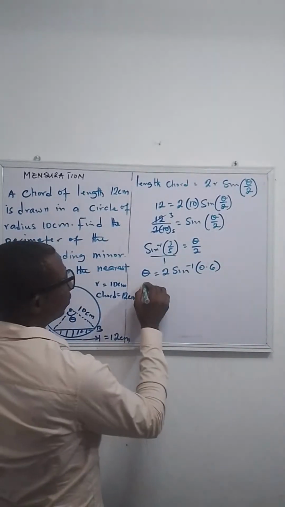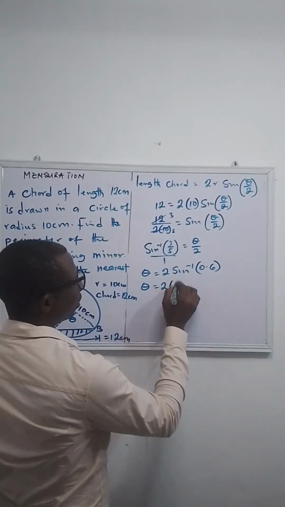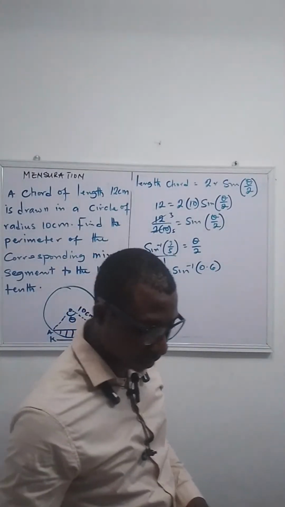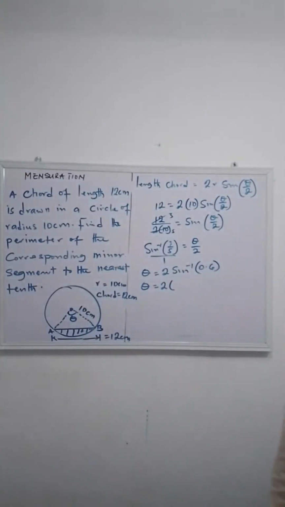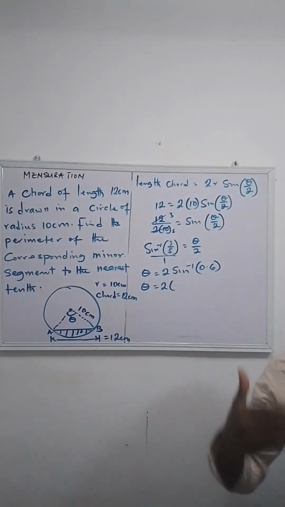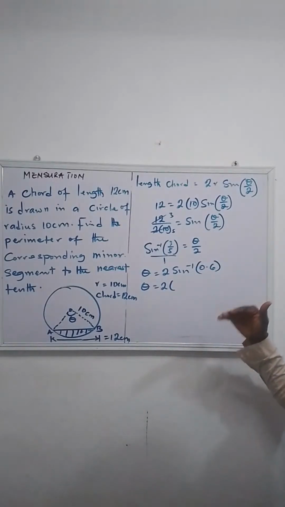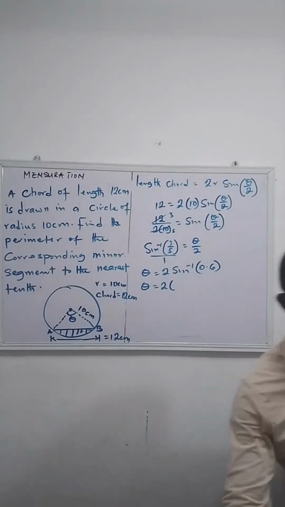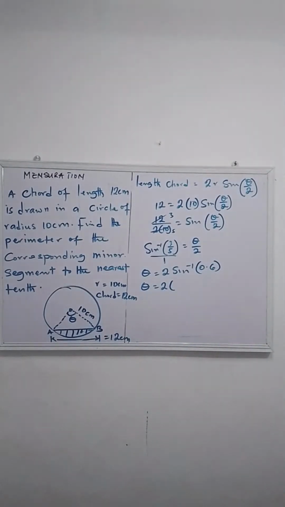So we have theta equals 2 times arcsine of 0.6. Now you know you are doing that for me. Arcsine of 0.6. If you have your calculator, just press second function sine and type your 0.6. Or if you are checking your four-figure table, you can check the sine of the angle where you can see 0.6000.